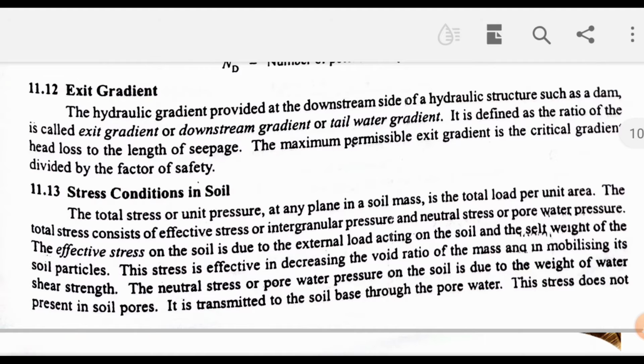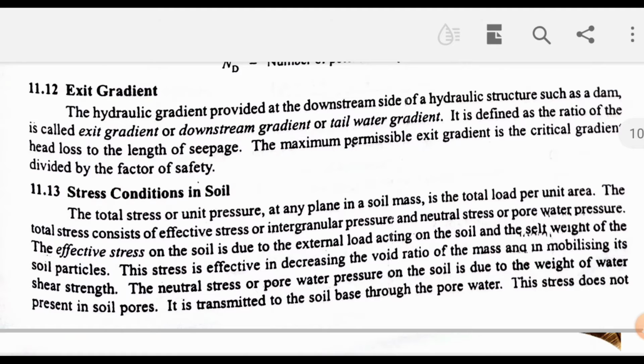This stress is effective in decreasing the void ratio of the mass and in mobilizing the shear strength.